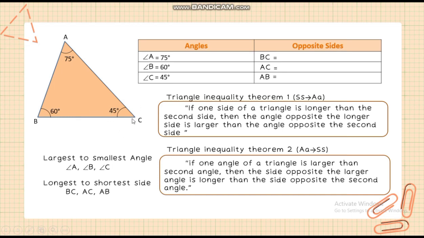So therefore, the side opposite of this angle, which is side AB, is the shortest side. So this is the order. The longest side is side BC, the longer side is side AC, and the shortest side is side AB.